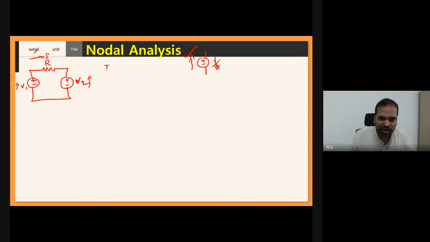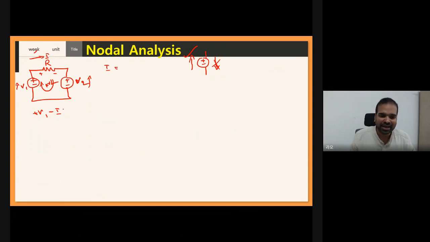So from this, I want to find I. If you want to find I in this circuit, what do you have to do? You need to apply KVL. You already know this procedure, right? If I apply KVL in this loop, what will I get? Plus V1. You know why you are getting plus V1: current always flows from positive potential to negative potential. Therefore minus. What is the voltage across resistor R?